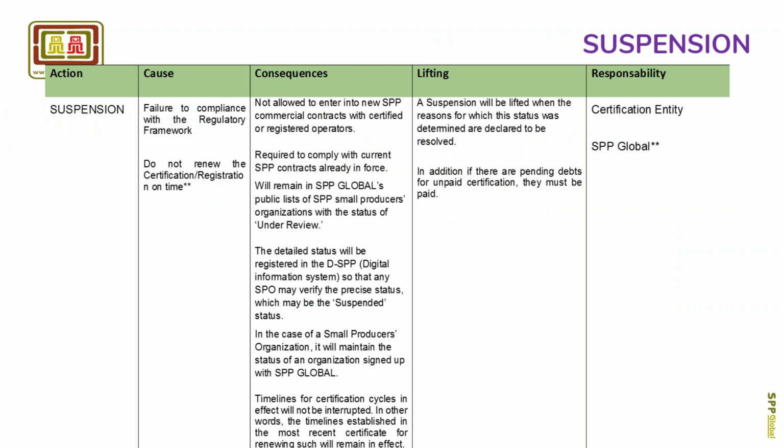In this table, I have summarized the action, which is the suspension. The cause is failure to comply with the regulatory framework, and not renewing the certification or registration in a timely manner.